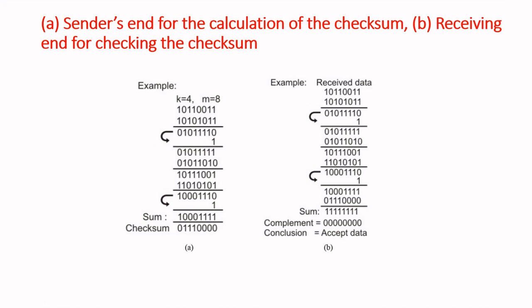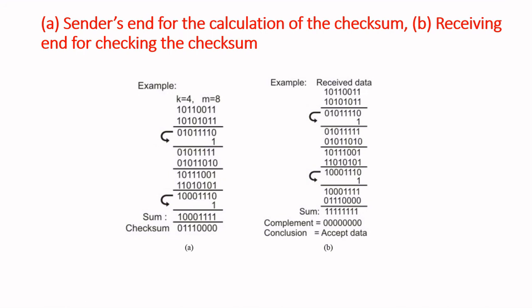After the addition, one carry bit is generated, and this carry is again added with the result which was generated by adding the first two data words.